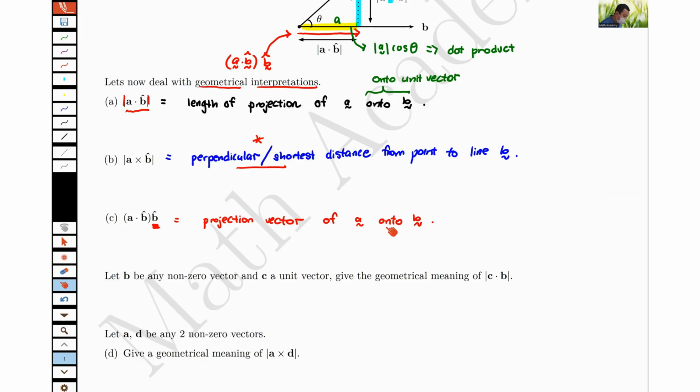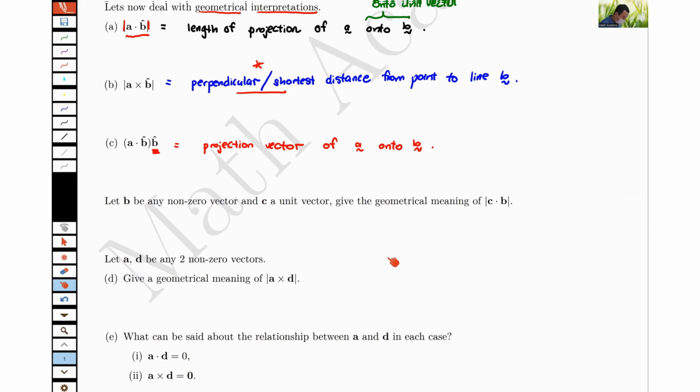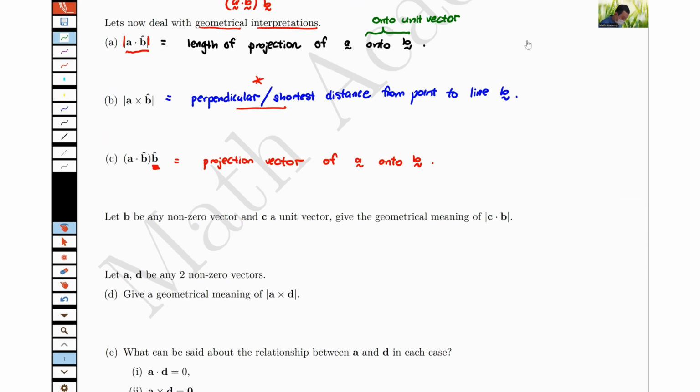So there are more descriptions that we can give. What we need to know here is, at the moment, these three that I have described for you all involve a unit vector. One of the vectors that I have written out is a unit vector. There's a B cap throughout. So this next one is trying to let you see that they mention up front that C is your unit vector.